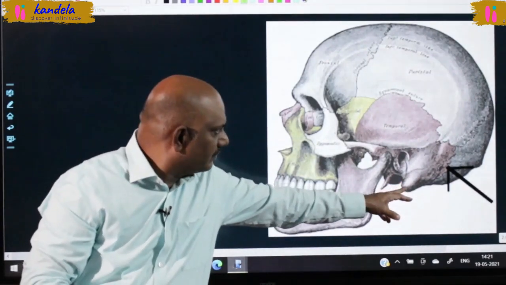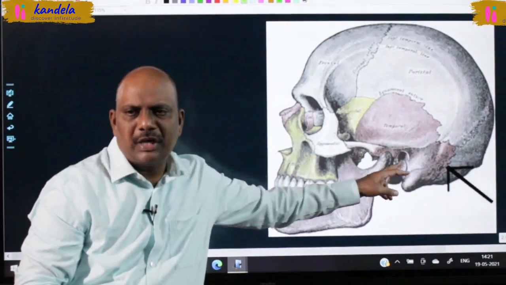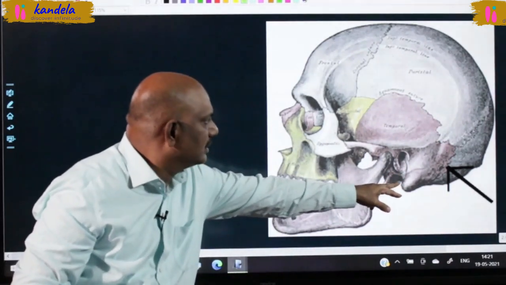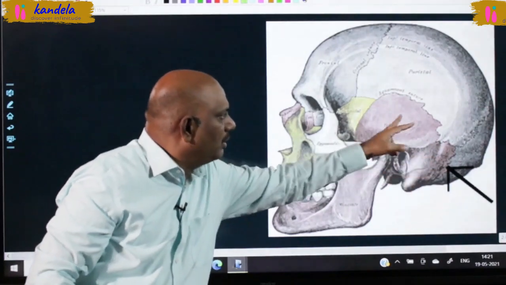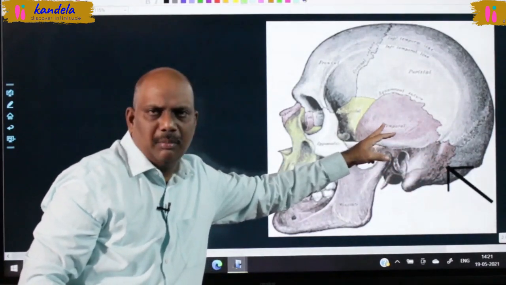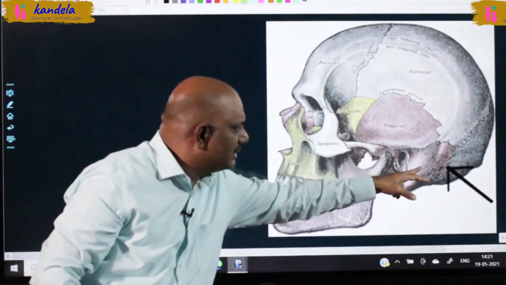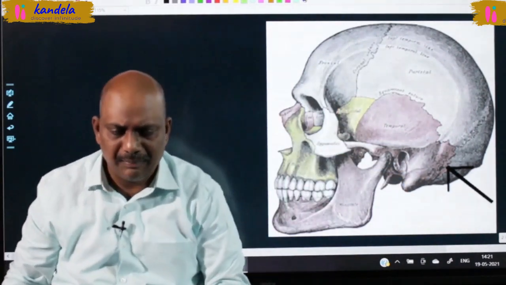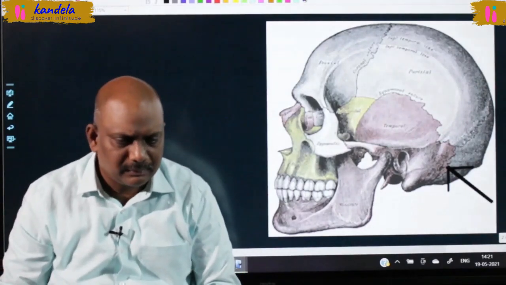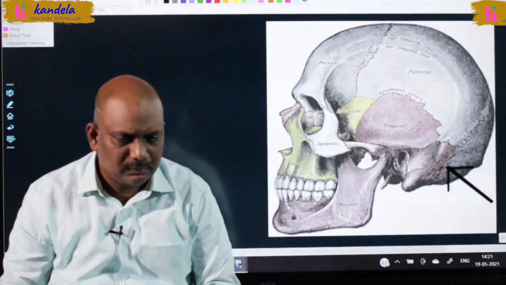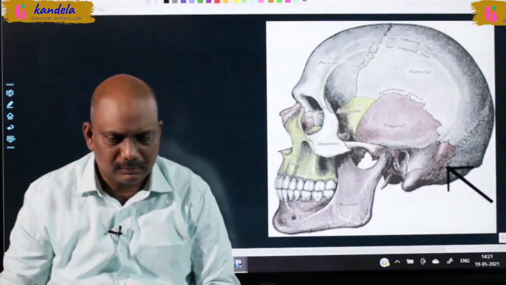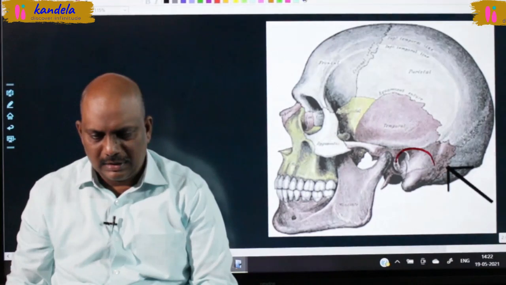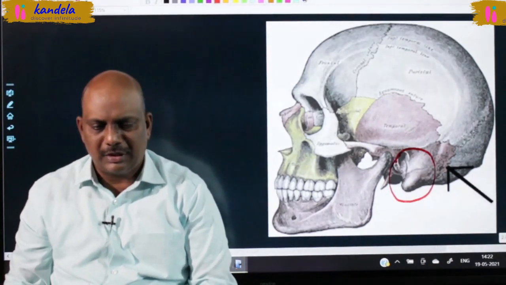Can you see this? This is the mastoid process. This is the temporal bone. This one is a temporal bone, and this is the mastoid region of the temporal bone. I'll write it down here. See, this is the mastoid process.